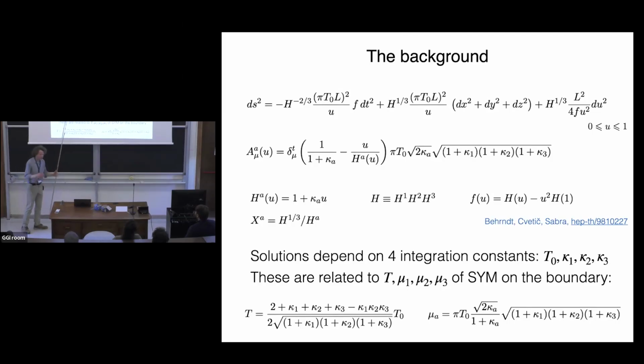When you solve differential equations, you have integration constants, so your solutions depend on them. There are four relevant integration constants here, which I call T naught, kappa 1, kappa 2, kappa 3. These parameterize the gauge fields and the metric in the bulk. The solutions do not exactly involve temperature and chemical potential; they involve these integration constants, which you relate to T and mu like that.